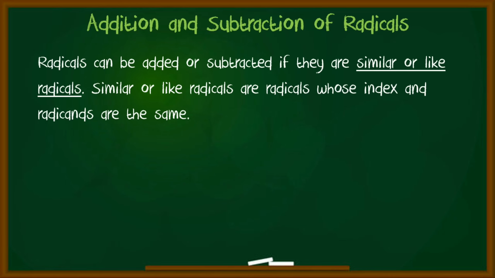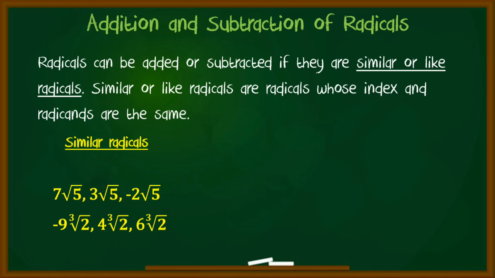Radicals can be added or subtracted if they are similar or like radicals. Similar or like radicals are radicals whose index and radicands are the same. Here are some examples of similar radicals. 7 square root of 5, 3 square root of 5, and negative 2 square root of 5.